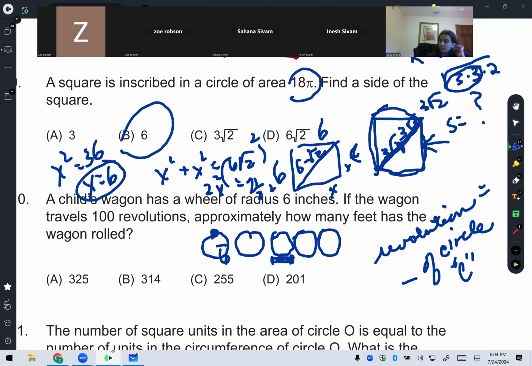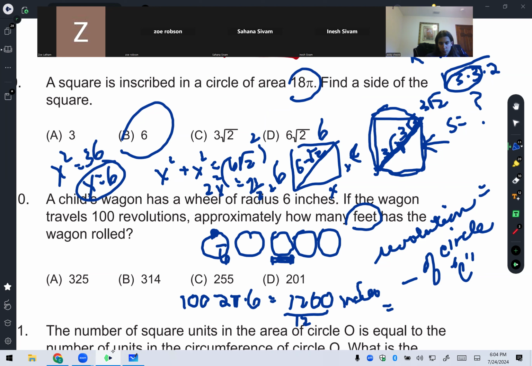Okay, so we have 100 times 2 pi r, which is our circumference. We know the radius is 6. So that would be 1,200 inches. But notice they're asking for it in feet, so I have 12 inches in a foot.